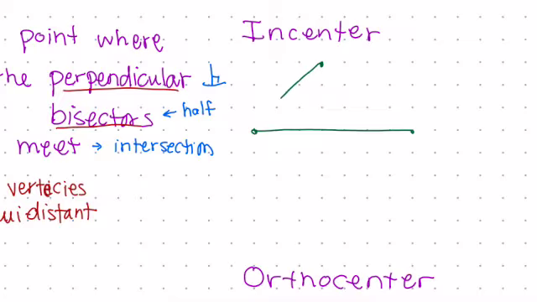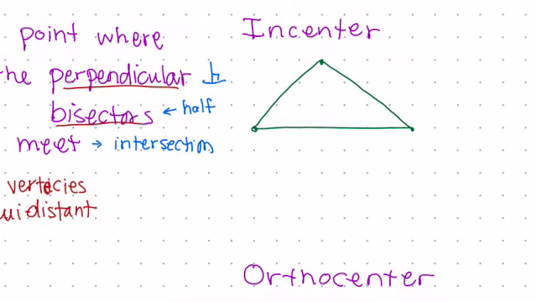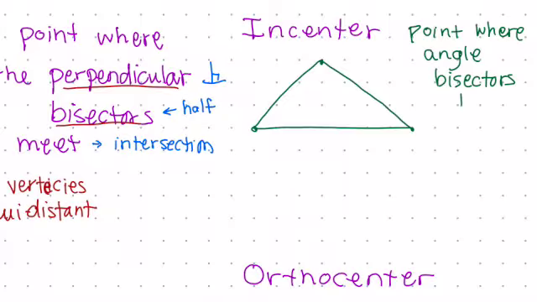So the perpendicular bisector had where they were perpendicular and a bisector. The incenter instead is the point where the angle bisectors meet.